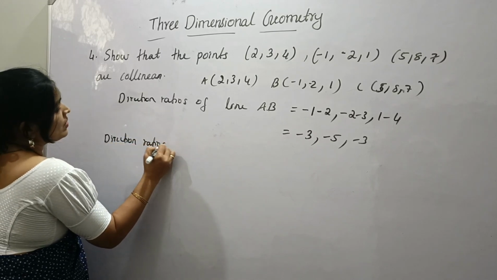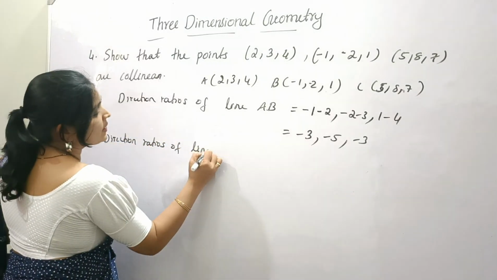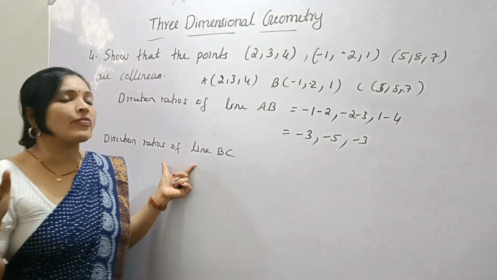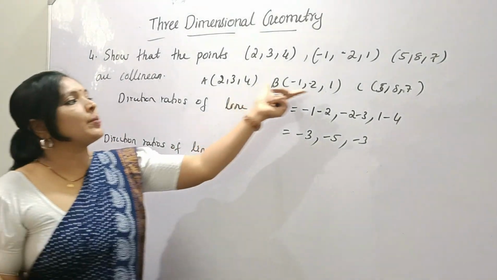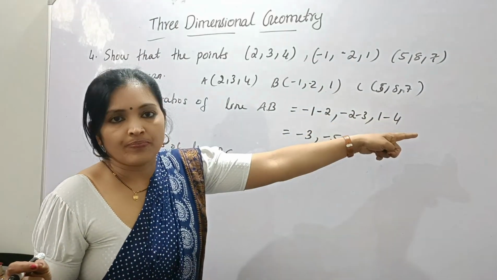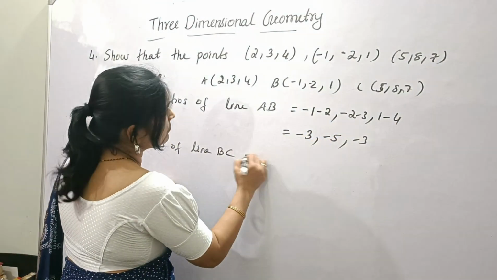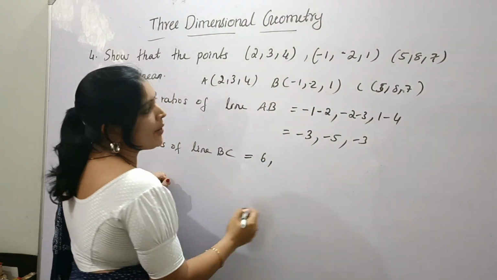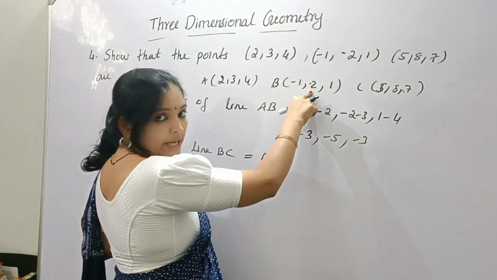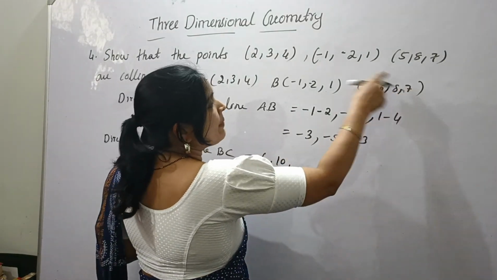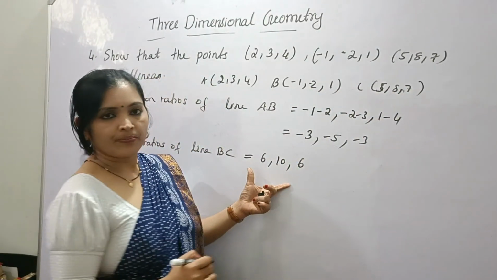Direction ratios of a line joining the points -1, -2, 1 and 5, 8, 7 are 5 minus -1, that is 6, 8 minus -2, that is 10, 7 minus 1, 6.